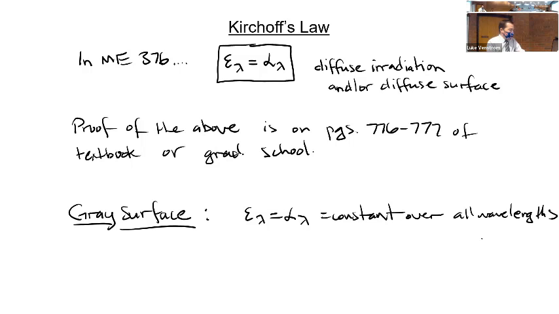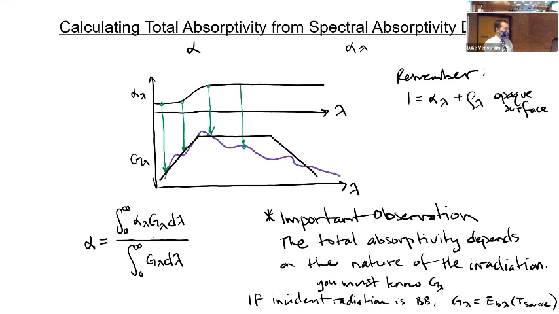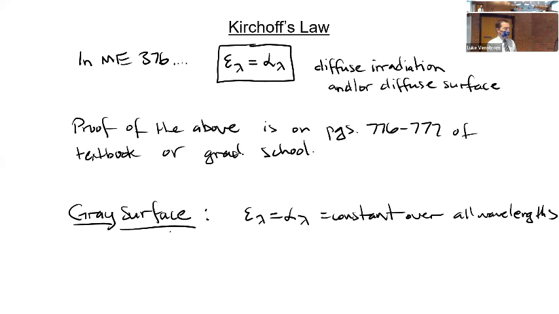Right. So if the spectral emissivity and absorptivity are constant over all wavelengths, it's the same number, right? And thinking about these definitions, it must mean that the total emissivity and the total absorptivity must be equal.